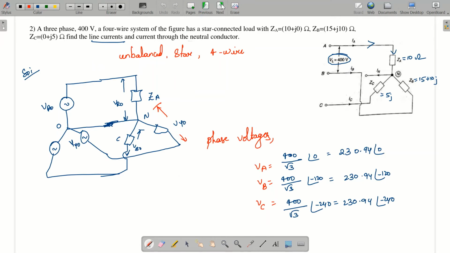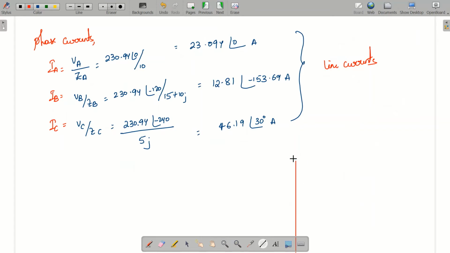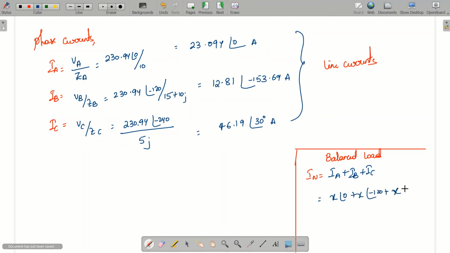Okay. If it is a balanced load, see, I am writing here. The current flowing through the neutral for a balanced load will be In equal to Ia plus Ib plus Ic, which is some x current at an angle of 0 plus x current at an angle of minus 120 plus x current at an angle of minus 240.